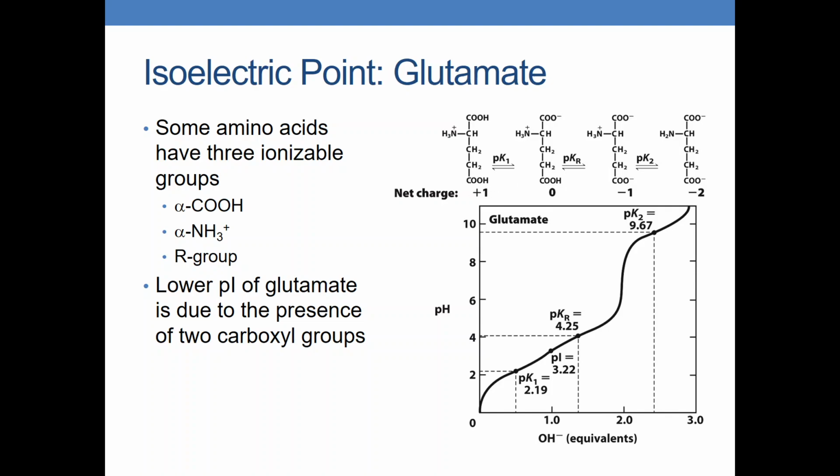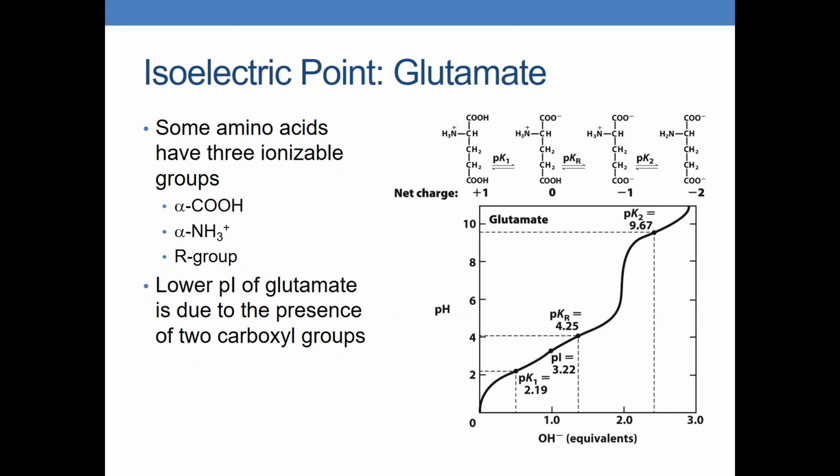Now, here we have to sort of take stock of pKa differences. I would recommend that you look back at the general pKa's for your alpha carboxylic acid versus the side chains of aspartic acid and glutamic acid.